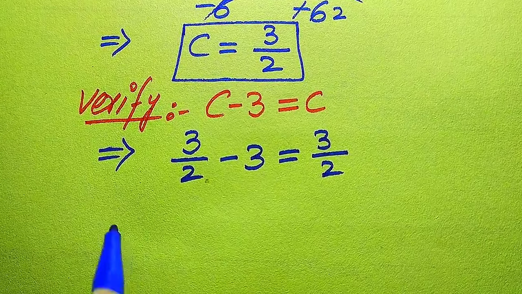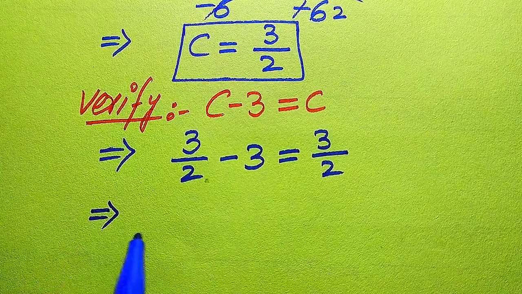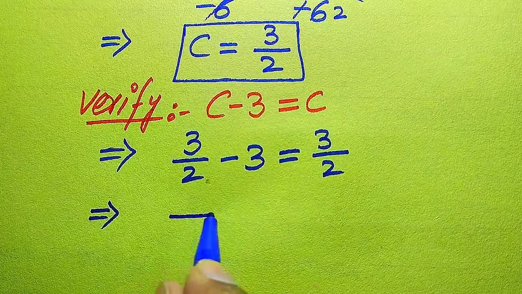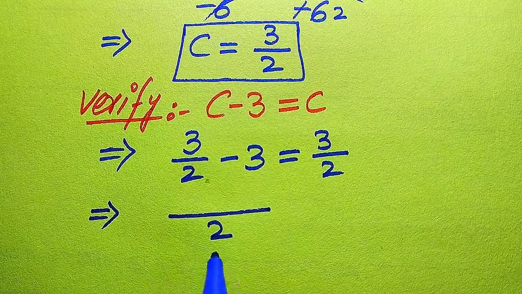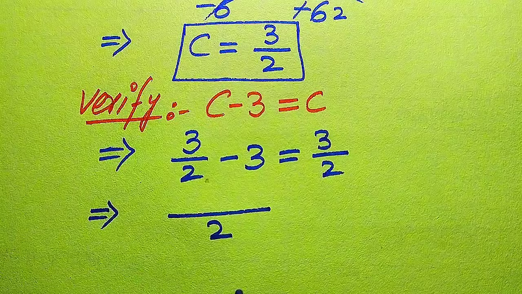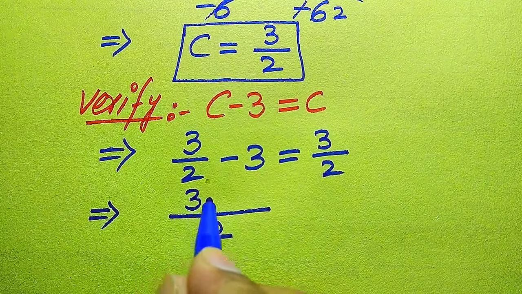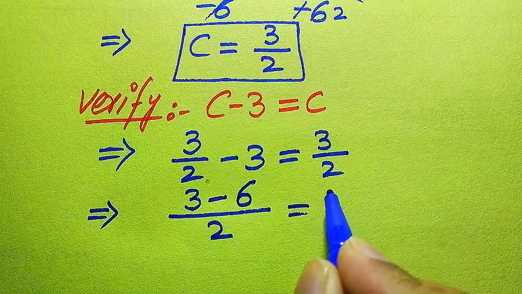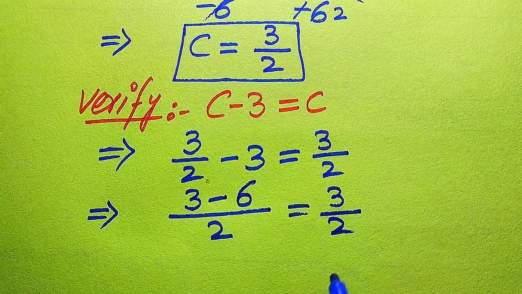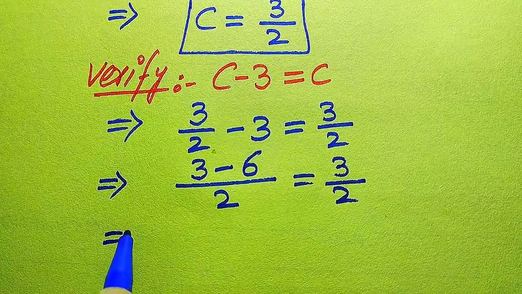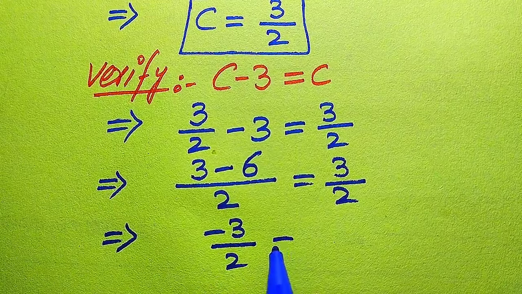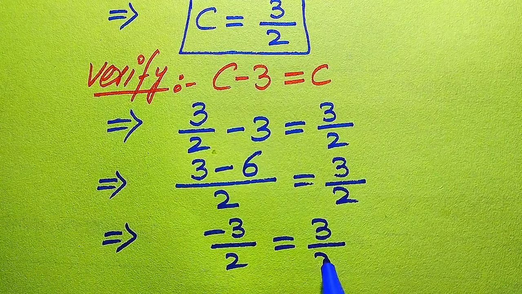Now in the next step we need more simplification on the left-hand side, so we take the LCM of the left-hand side, and the LCM of these terms is 2. Then we get 3 minus 2 times 3, which becomes 6, over 2, is equal to 3 divided by 2. And here we obtain 3 minus 6, which becomes minus 3 divided by 2, is equal to 3 divided by 2.